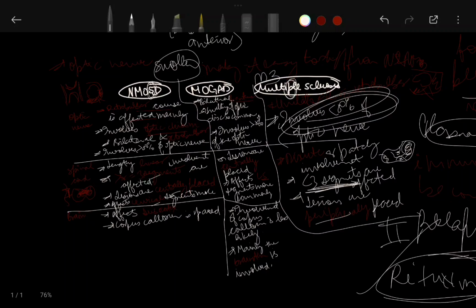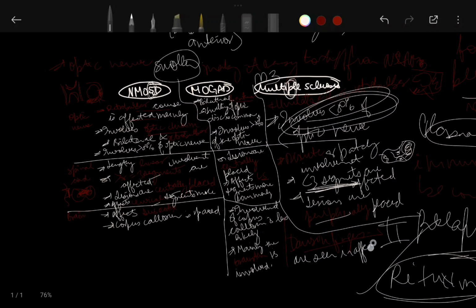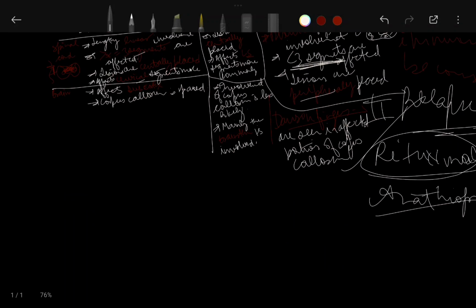In brain, Dawson fingers are seen in affected portions of corpus callosum. For example, from side view of the brain, this is the normal structure of the brain.